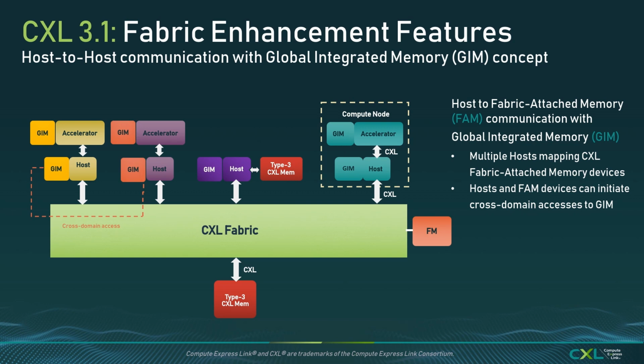The one important difference here is that the global integrated memory in a peer host is accessed only through the unordered I/O protocol. It doesn't use the CXL mem protocol to access, but the decode mechanisms are similar.